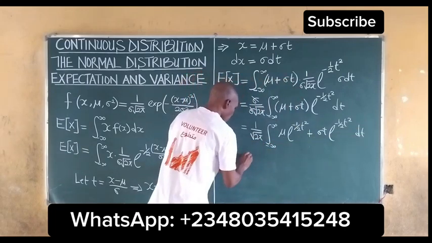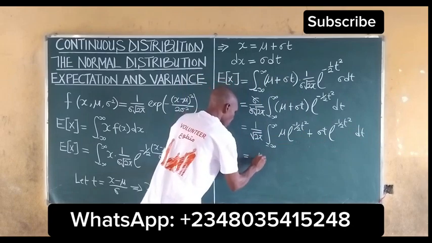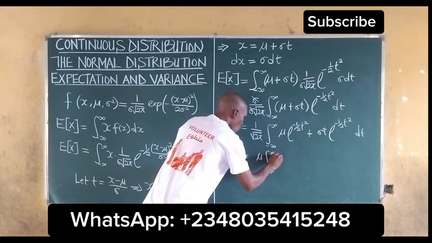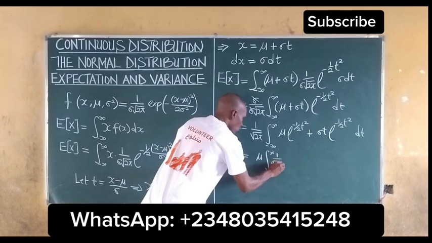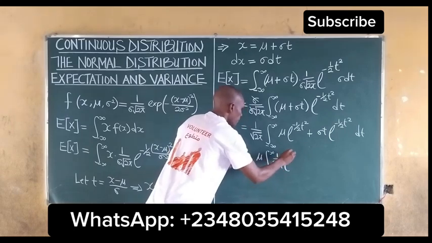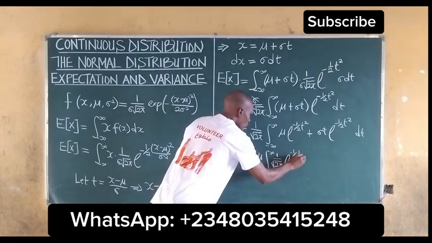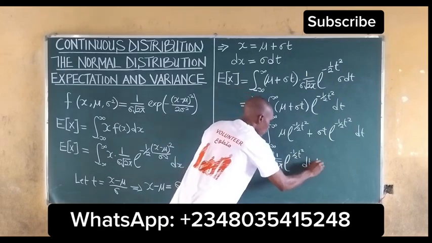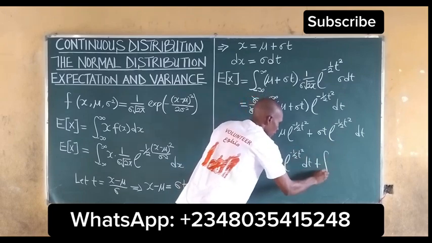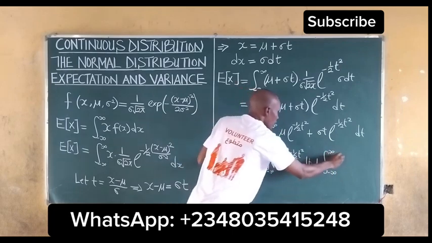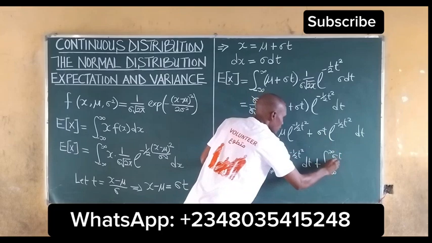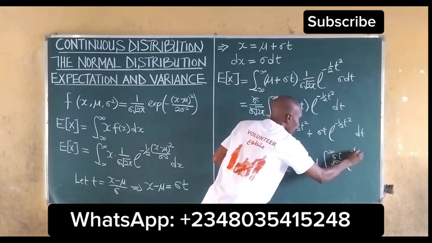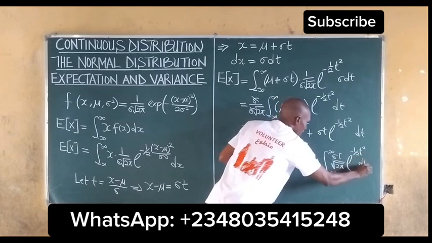So we can separate this to give us mu into the integral of negative infinity to infinity 1 all over square root of 2 pi exponential minus 1 all over 2 t squared dt, plus the integral negative infinity to infinity sigma t all over square root of 2 pi exponential negative 1 all over 2 t squared dt.